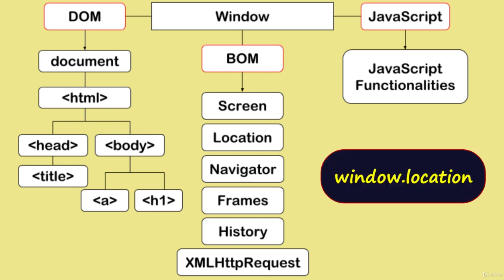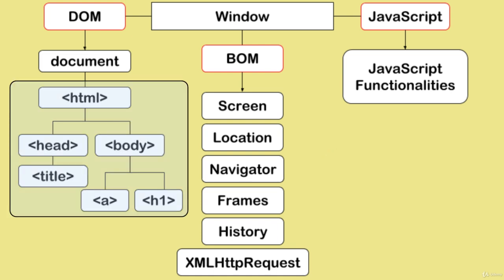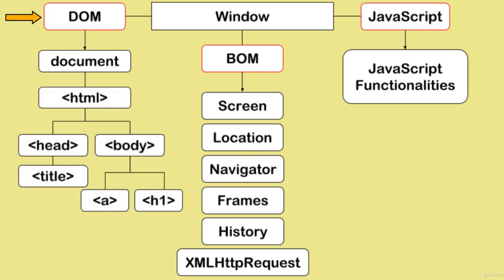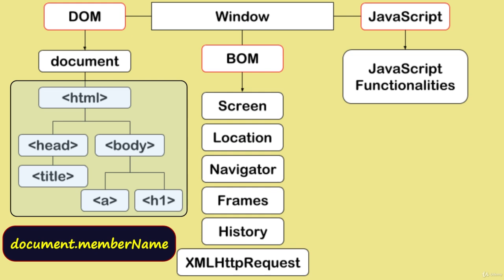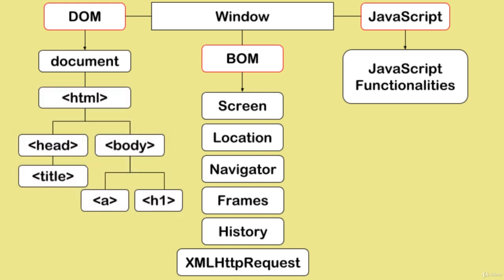But when it comes to elements placed inside the HTML, all the elements are part of the DOM. That is the page which you see inside the HTML. So if you want to access that, you will say document dot the member name. Of course, window is the main umbrella where all other elements are part of it, but there is a classification for each and every segment displayed inside the browser window.